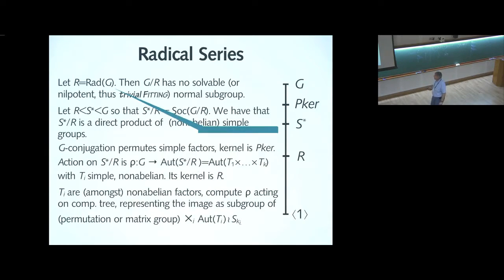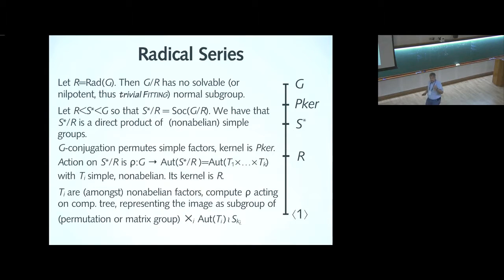So I take the solvable radical, then the factor group cannot have any solvable normal subgroups. Why? Because if there was a solvable normal subgroup, solvable by solvable implies solvable, which would contradict maximality. So this factor cannot have any solvable normal subgroups.